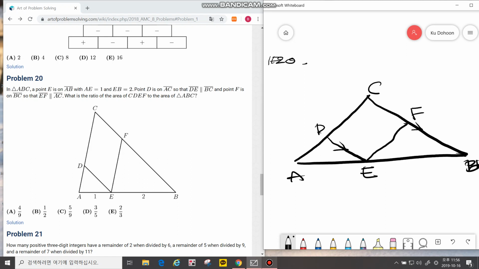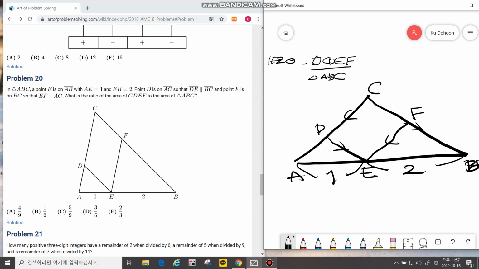What is also given is that AE is 1, and E is on there, and EB is 2. And point F is on BC, and EF and AC are also parallel. Therefore, this is 100% a parallelogram. Now we want to know the ratio of the area of CDEF to the area of ABC.